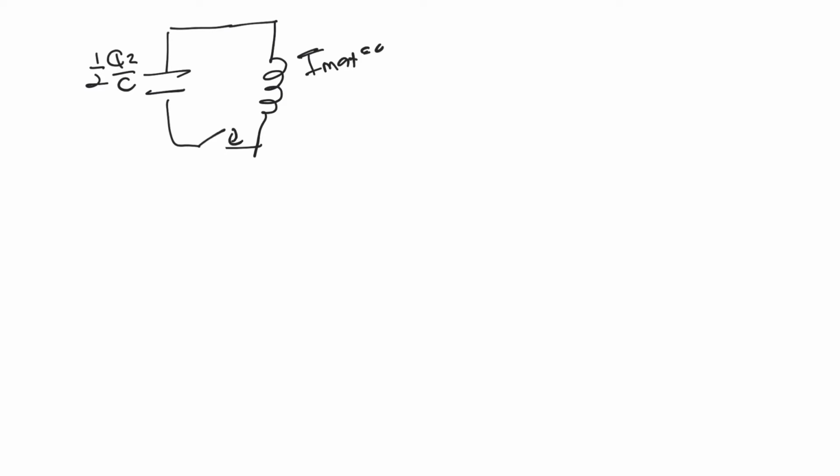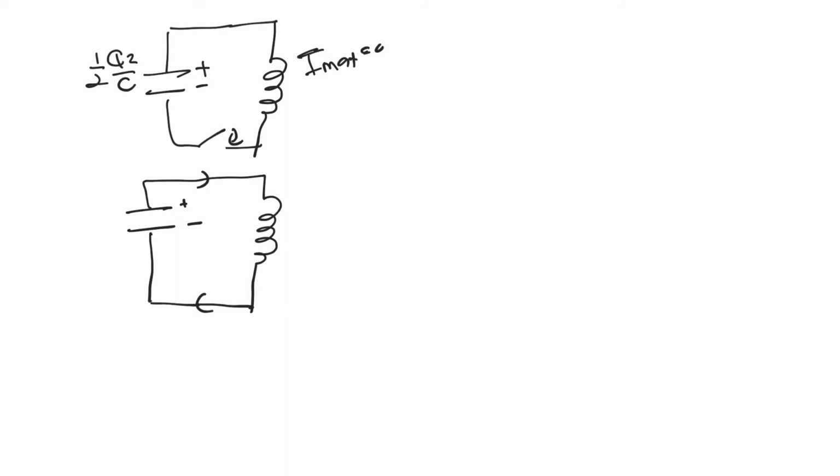Once you close the switch, the capacitor starts to discharge, so the flow of current is going to be in this direction. And what is the direction of the induced EMF? Because the current inside the circuit starts to increase, the induced EMF is going to produce B in this direction, because it opposes.